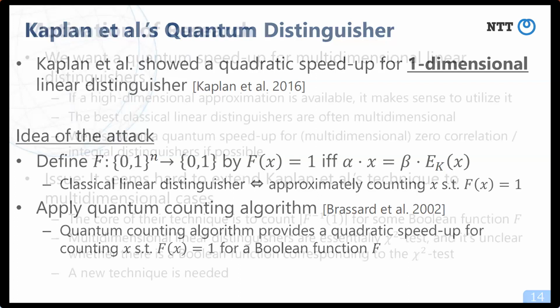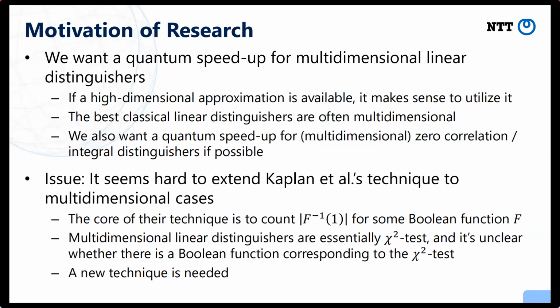But the problem is that it is hard to extend their technique, because the core of their technique is to count some set or some Boolean function of x. And multi-dimensional linear distinguishers are essentially the chi-square test. And it is very unclear whether there exists such a Boolean function corresponding to such a statistical test. And so there is an issue, and we need a new quantum technique.